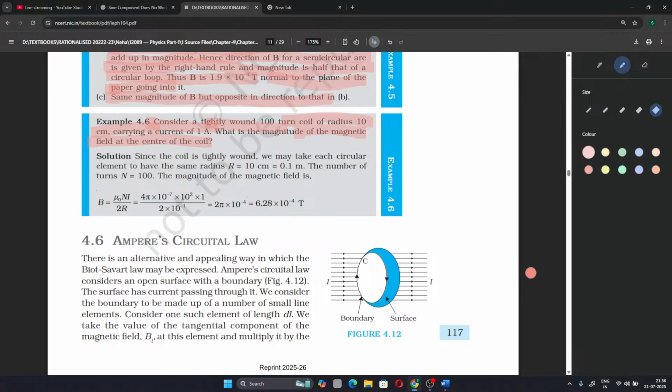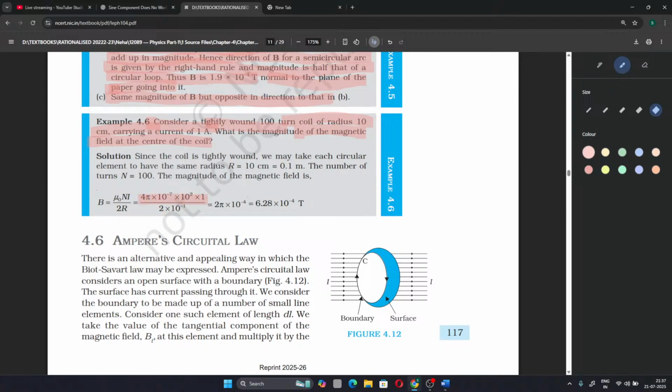We know the magnitude at the center of a circular current carrying loop will be mu naught I by 2r. But in this case, when it is tightly wound, we introduce n, the number of turns, which is 100. So mu naught I by 2r into 100 gives us the total magnetic field.